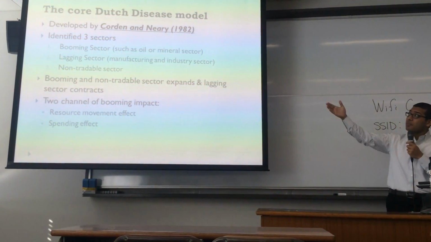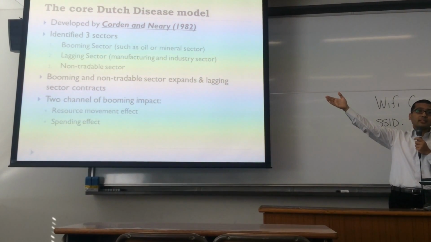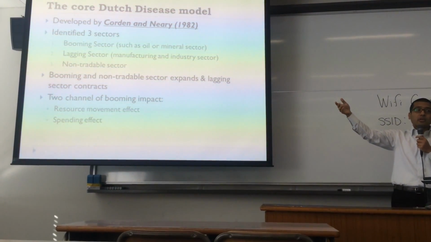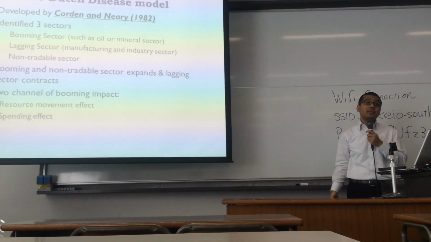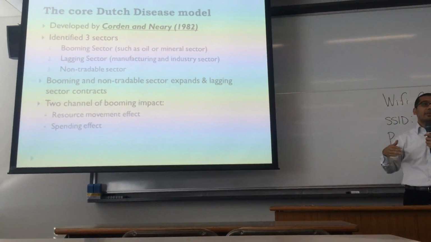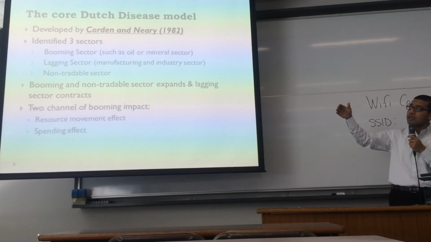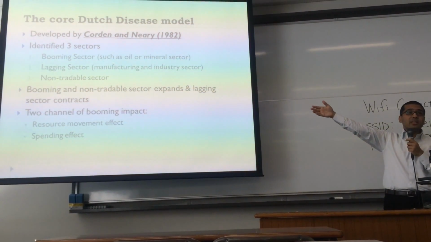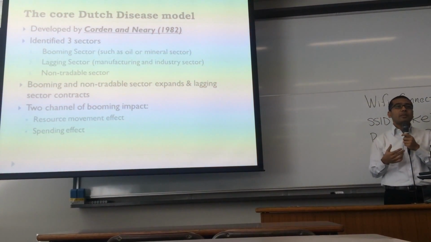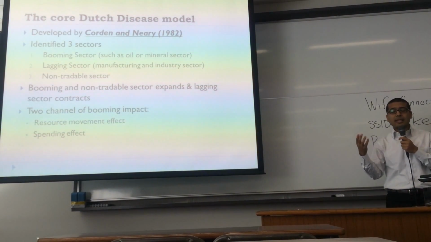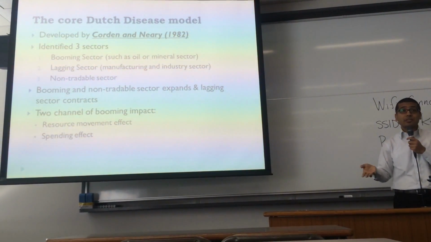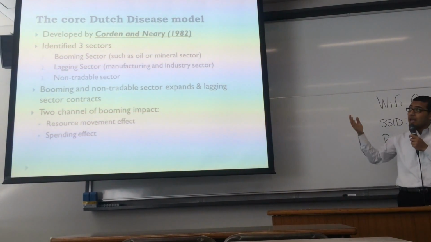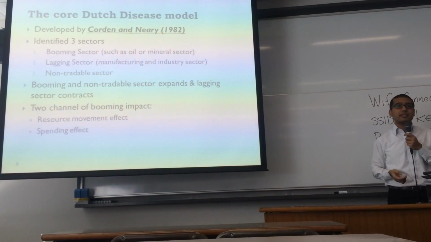Rather, I put remittance in the booming sector, because almost 25% of GDP is coming from remittance. So now I substitute remittance as the booming sector and want to see what the impact will be on the tradable sector, that means the manufacturing, industry and agriculture sectors, and the non-tradable sector, that means the service sector.